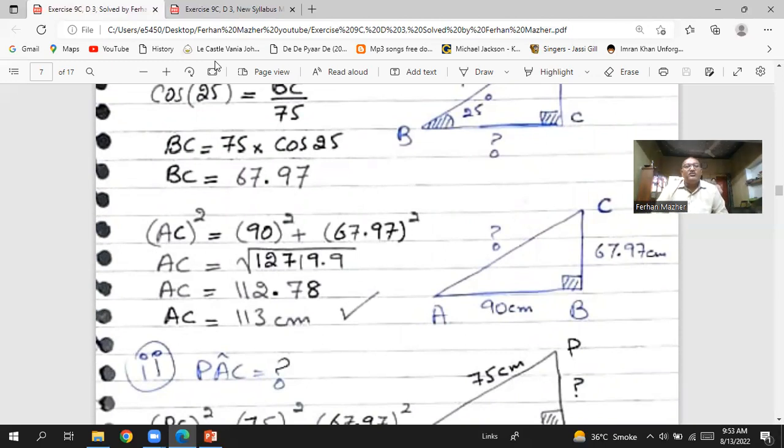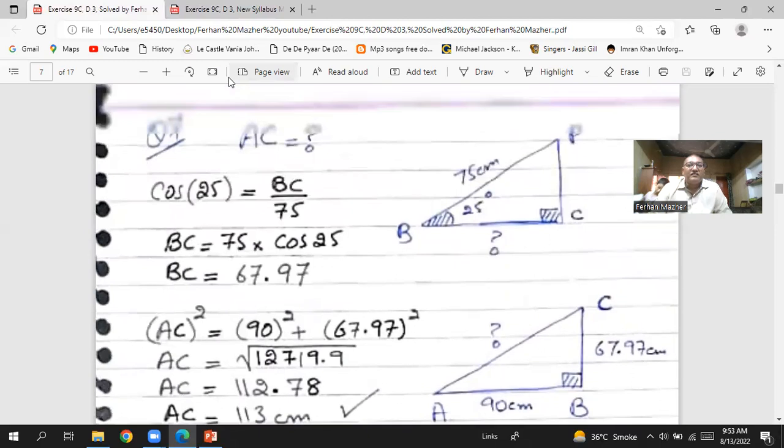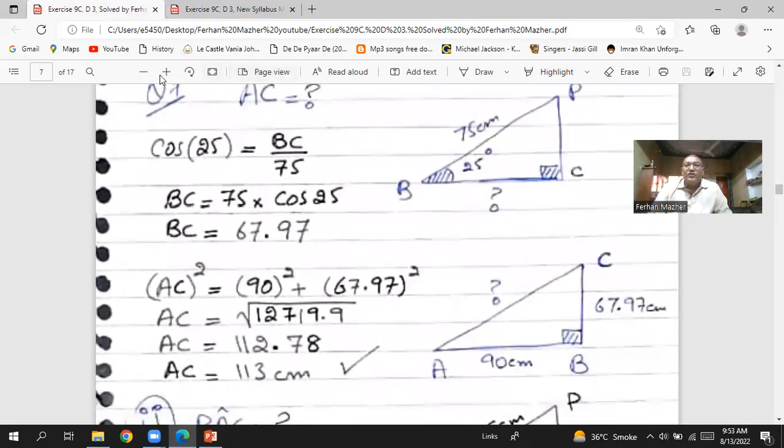AC will be the square root of that, which is 12719.9. Take its square root, that will be 112.78. When you round it off, it will be 113 centimeter. So this is how you do the first part, AC. I hope you understand this.